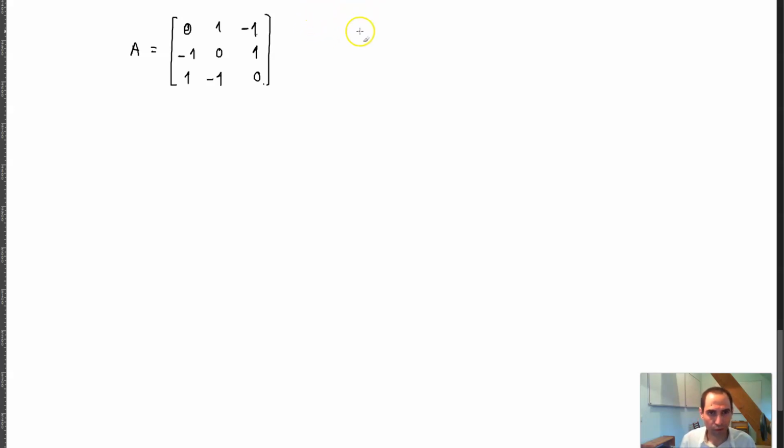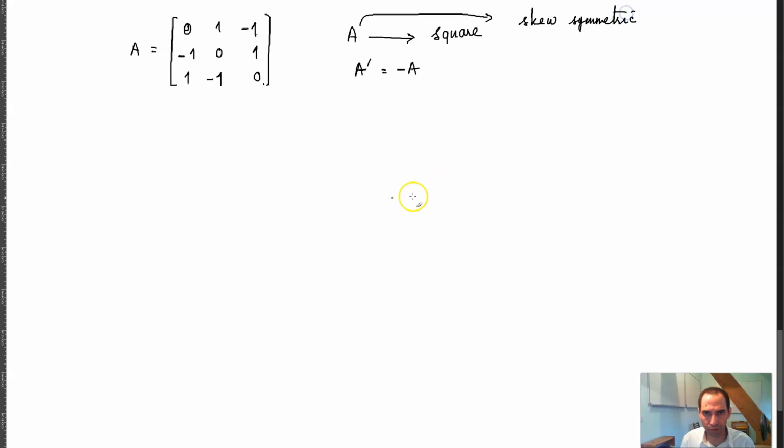So a skew symmetric matrix is, if you have some square matrix A, and if A prime is equal to negative A, then you can call A a skew symmetric matrix.